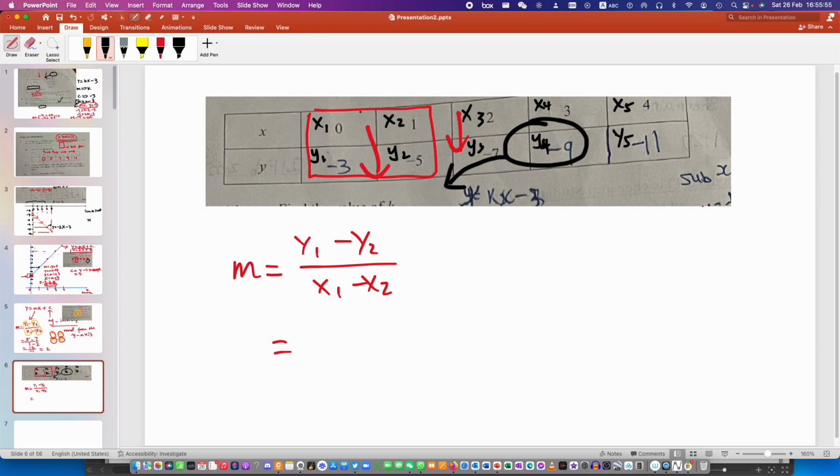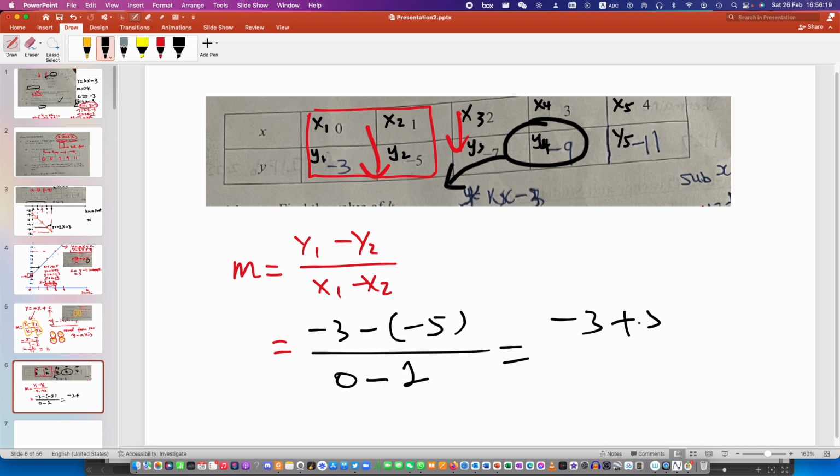So, with this, what's your y1? Read. -3. Very good. Minus, what's your y2? -5. Put a minus there. What's your x1? 0. Minus, what's your x2? 1. Minus minus is plus. 0 minus 1 is minus 1.